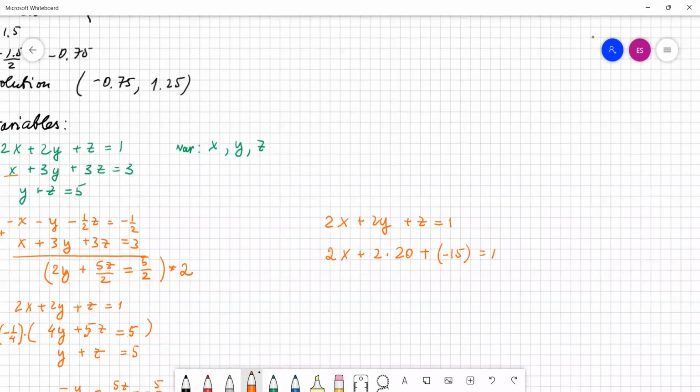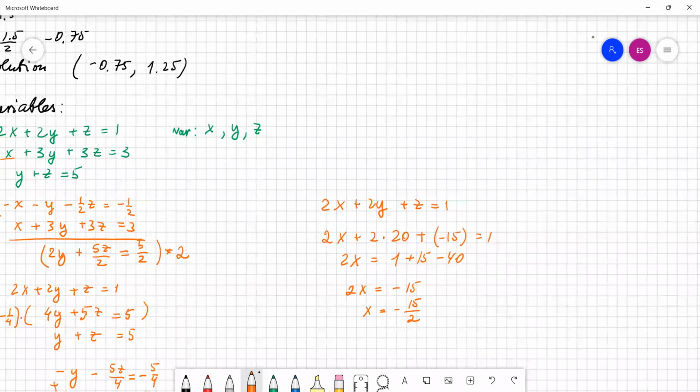And now I'm just going to combine all the numbers. So I have 1 minus 15 goes as 5 plus 15 on this side, and 2 by 20 is 40, so minus 40. So I have 2x equals 25 minus 40, which is minus 15, or x equals minus 15 over 2.